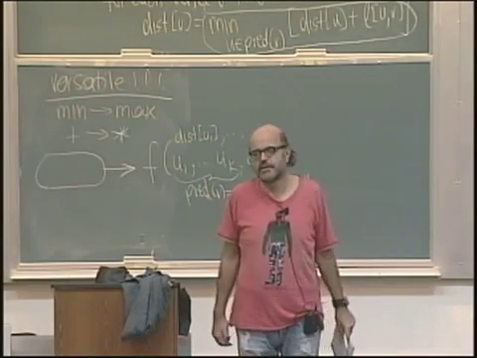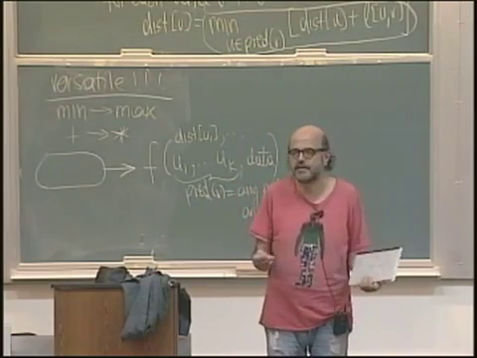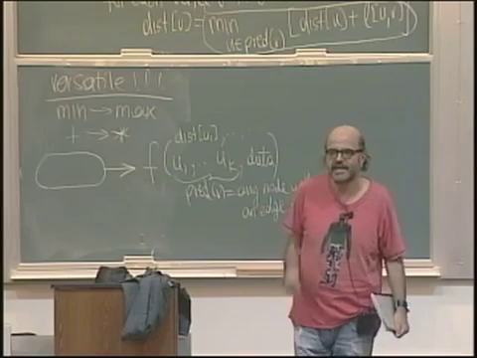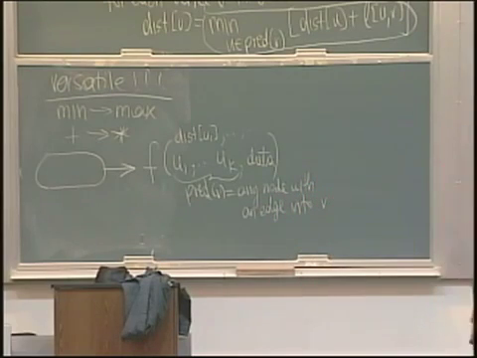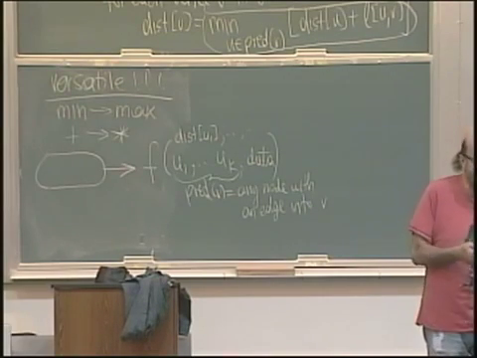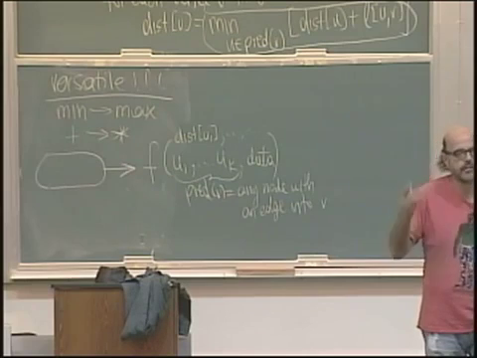So by predecessors I mean anybody who has an edge into V, not a path into V, okay? An edge into V.